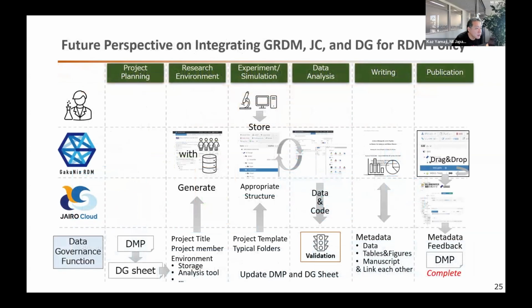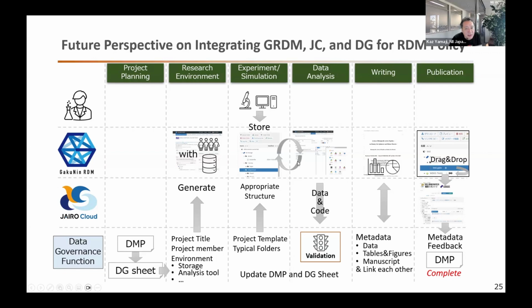For instance, once the researcher prepares the DMP, our data governance function produces the governance seed, and based on this governance seed, our data governance function prepares the appropriate project management function on the Gakunin RDM, and then tries to manage the data in our environment.